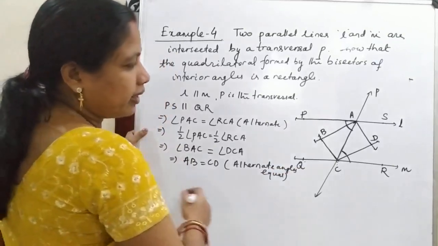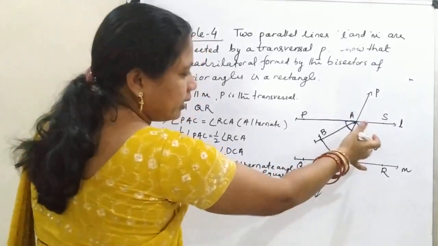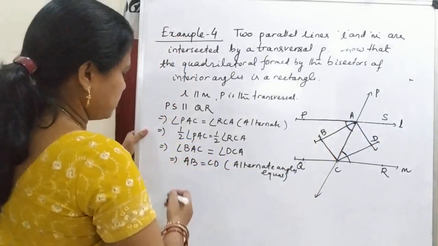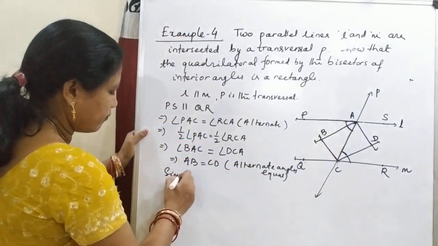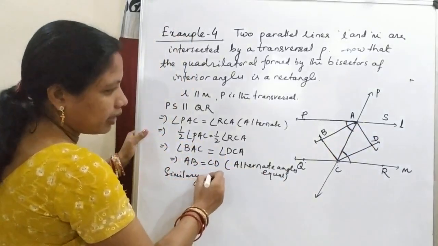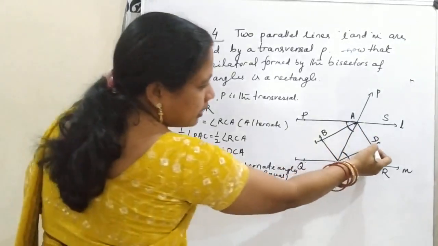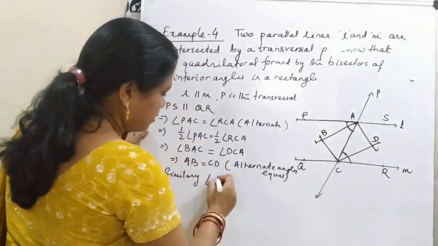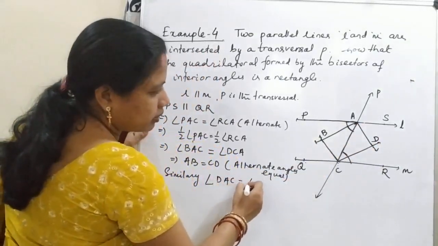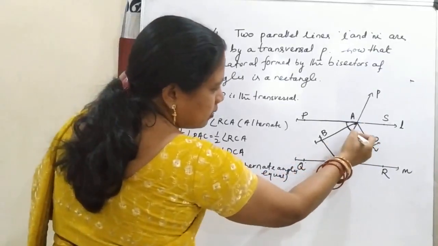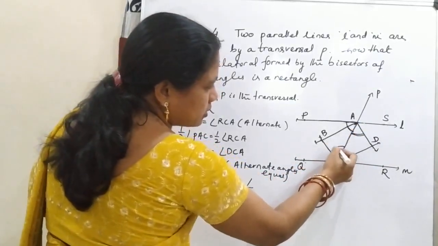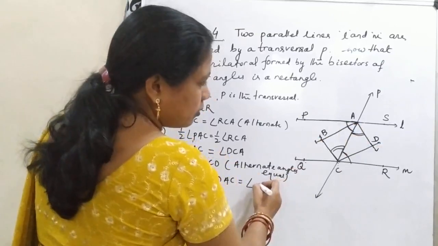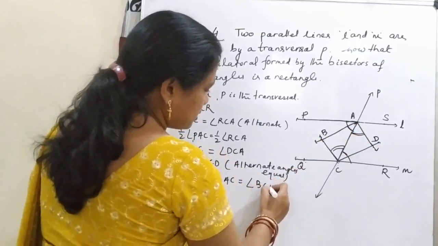Similarly we can prove that AD is parallel to BC. Angle DAC will be equal to angle BCA.